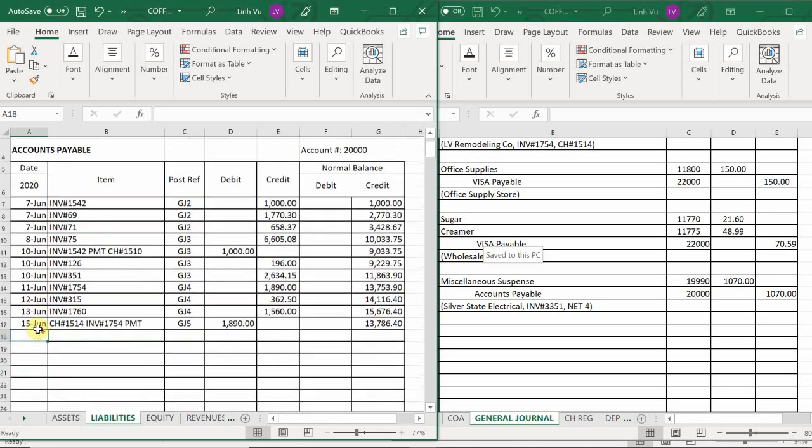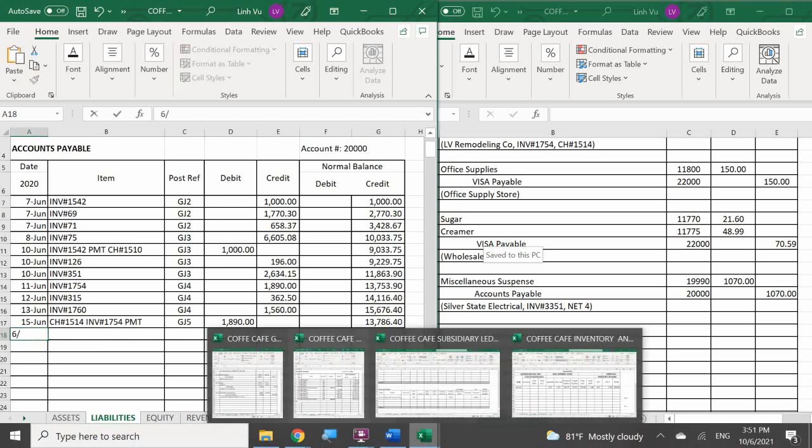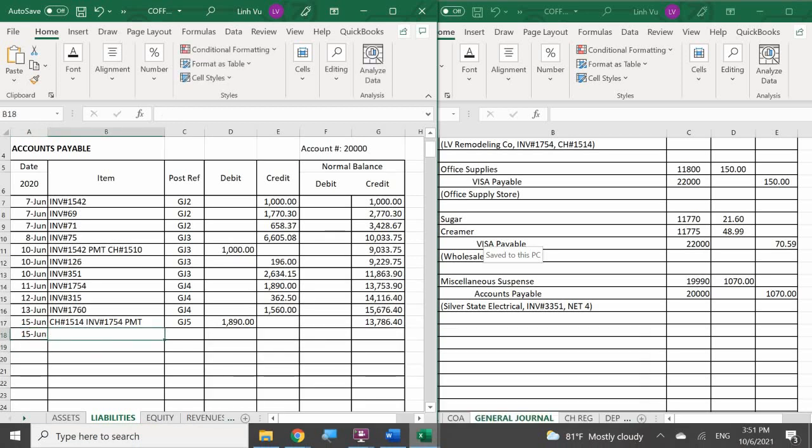So we have invoice number 3351 from Silver State Electrical or no? In this case, if I pull up the invoice, it will tell me exactly who this bill came from. Okay.